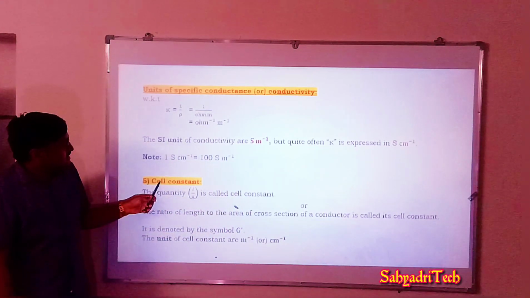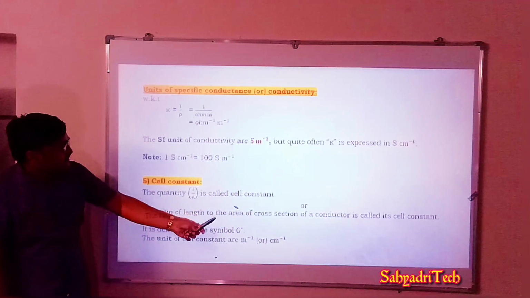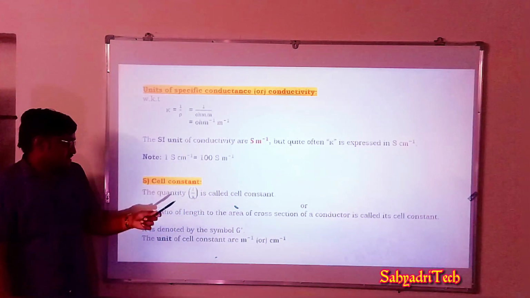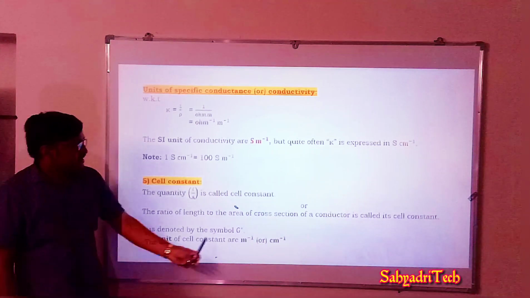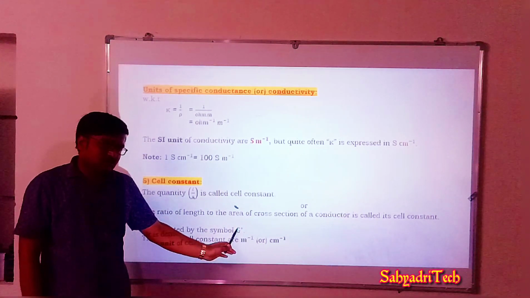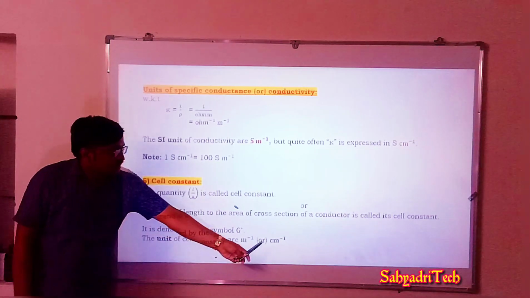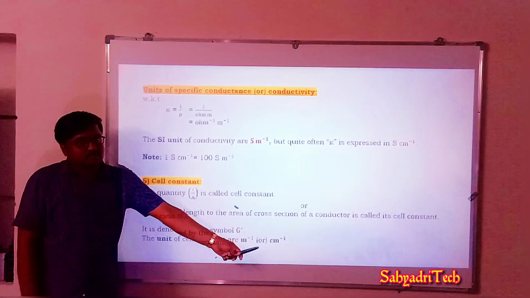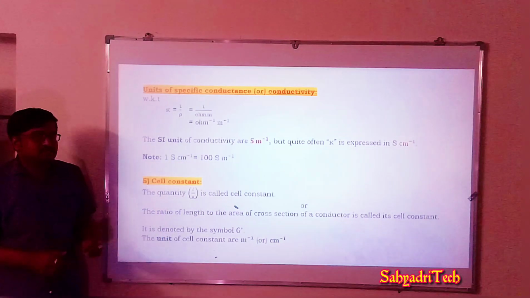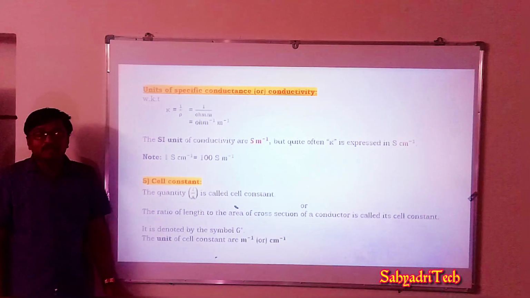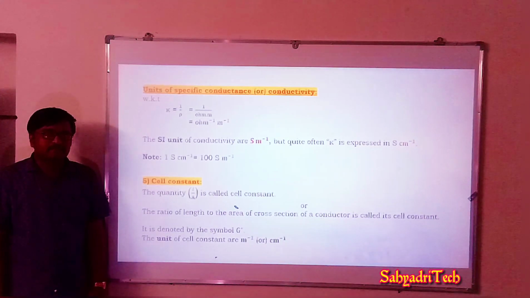What is cell constant? The ratio of length of a conductor to its area of cross section is called its cell constant. It is denoted by G star, and its unit may be per meter or per centimeter. So these are the terms most commonly used in electrochemistry. Thank you.